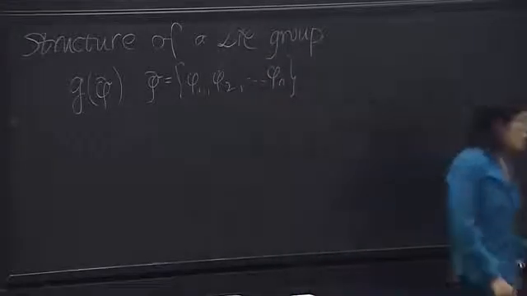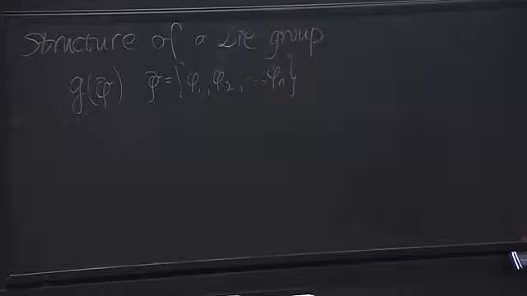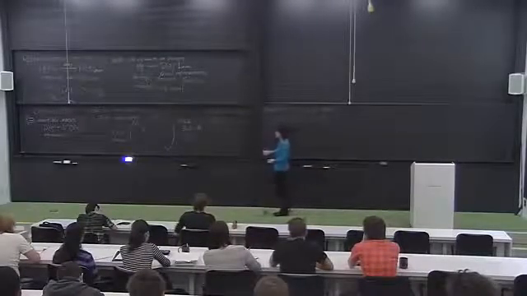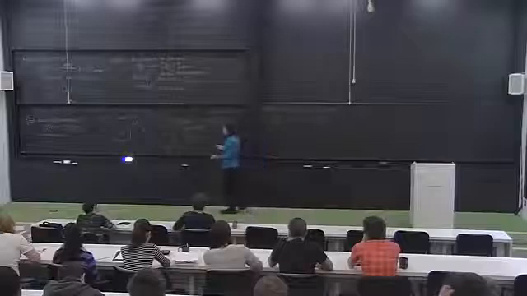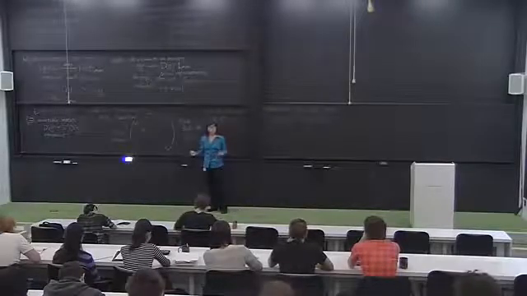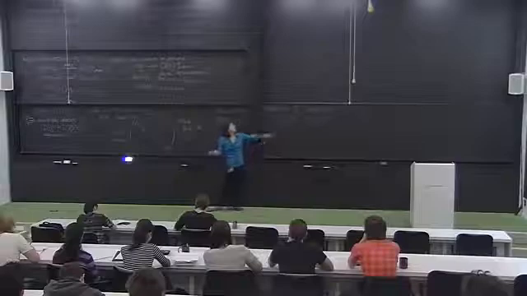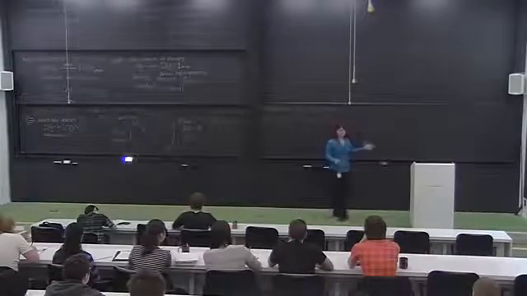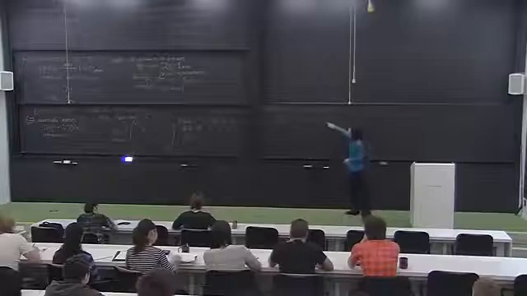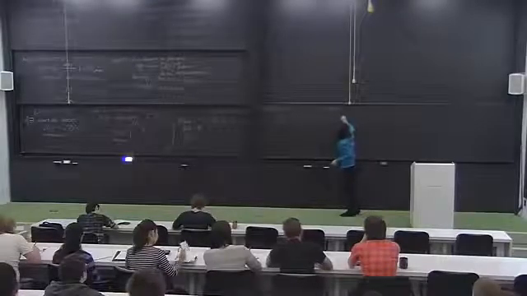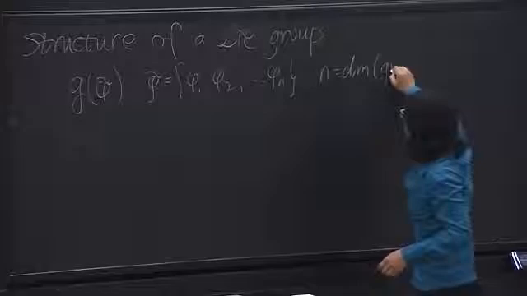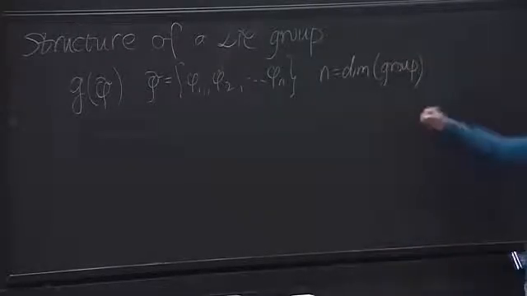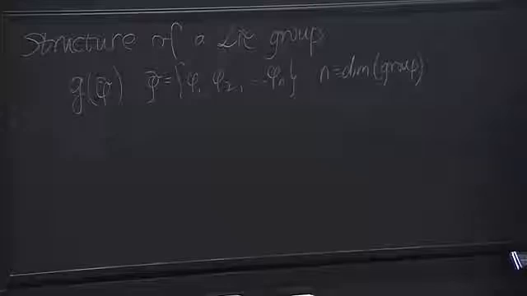As we have already tried really hard to demonstrate, we care about the dimension of the group, which is the number of real parameters. So from now on, we consider that this Lie group depends on real parameters, and this n is really our dimension of the group, also known as the number of free real parameters.